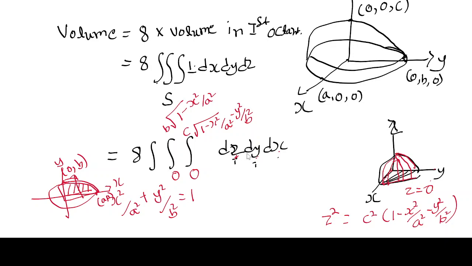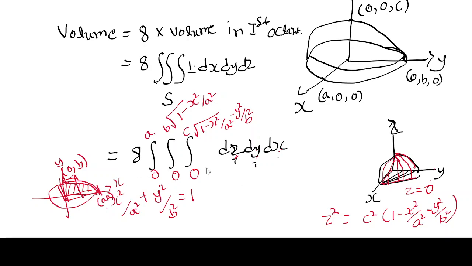So that is the limit for y. Now we have to write the limit for x. The minimum value of x is on the y-axis, that corresponds to x equal to 0, and the maximum value of x is up to x equal to a.